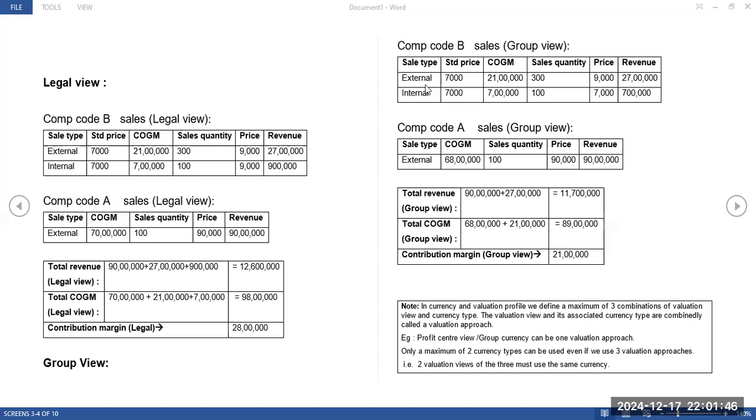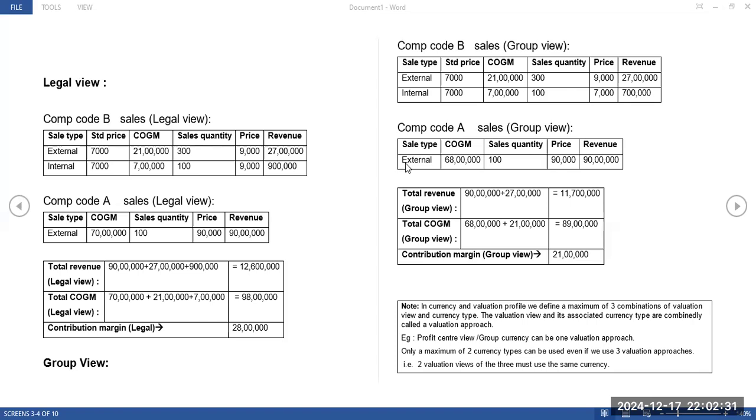Group view. External: 7,000 standard price, COGM is 2.1 million, sales quantity is 300, 9,000 is the market price, and revenue is 2.7 million. Internal sales: 7,000 standard price, cost of goods manufactured is 700,000, sold units 100, and price is 7,000. So 700,000 knocks off 700,000, the revenue part is 0, and the profit part is 0.